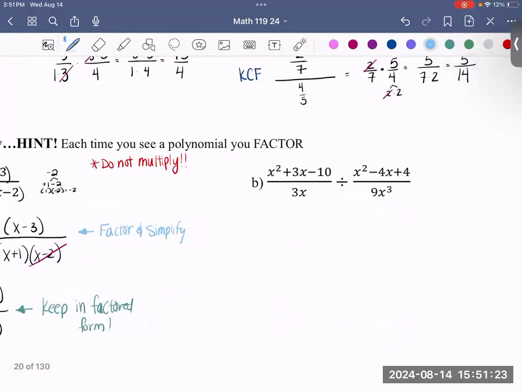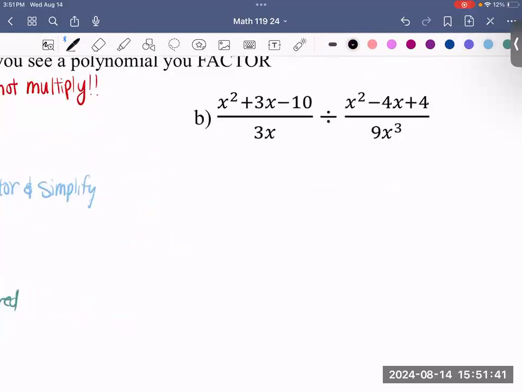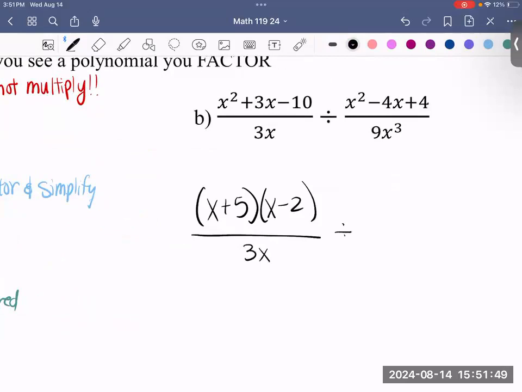All right. So on our next one, if we're looking at it from this one, we see a bunch of polynomials. What are you going to do? So game plan, first factor. Now we already factored this top one. It's the same one as the one before. So we have x plus 5 and an x minus 2 over 3x divided by, we have to factor this one, x minus 2 and an x minus 2, and then a 9x cubed.